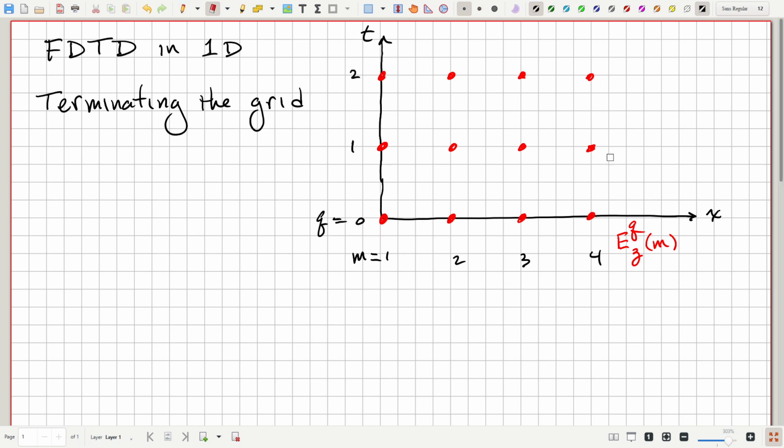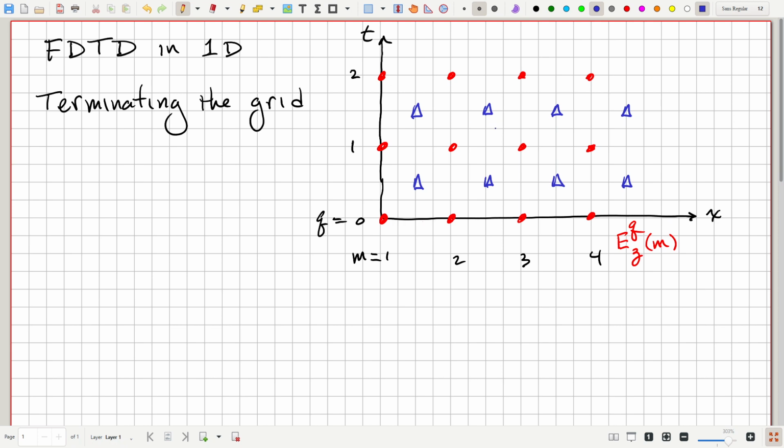Now, in the Yee grid, which we talked about last time, the magnetic field values are not at these same grid points, but they're offset by 1/2 step in both dimensions. And so we end up with something that would look like this. Here would be the magnetic field sample points. We shift them to the right 1/2 step and up in time 1/2 step. So it would look something like this.